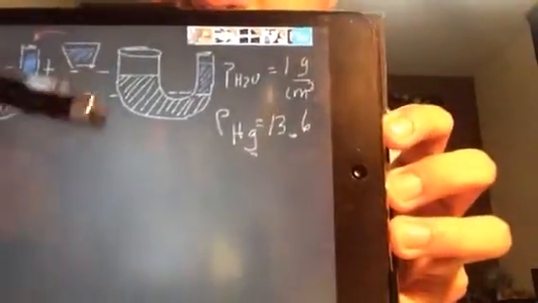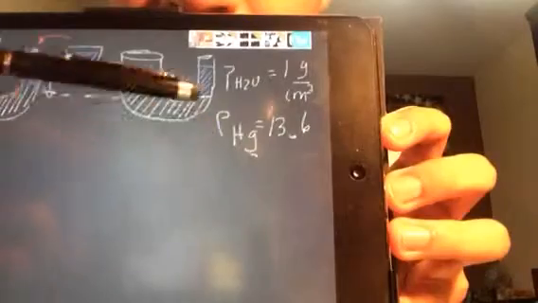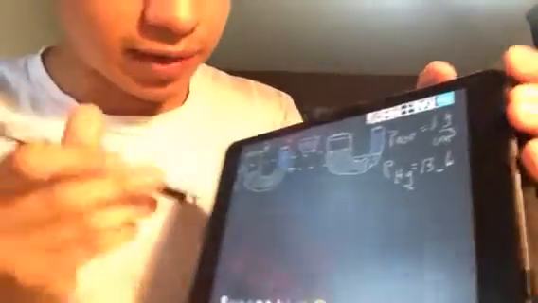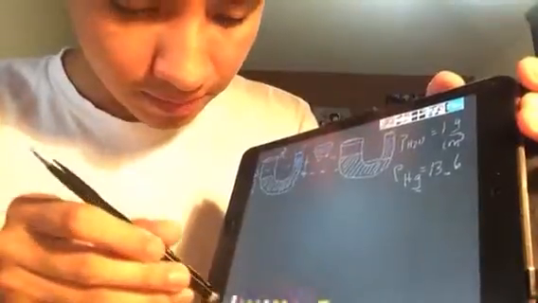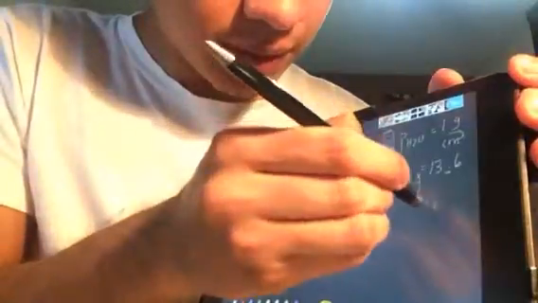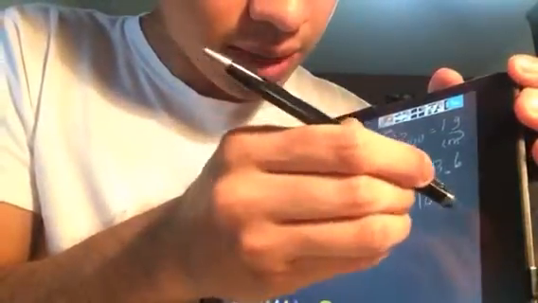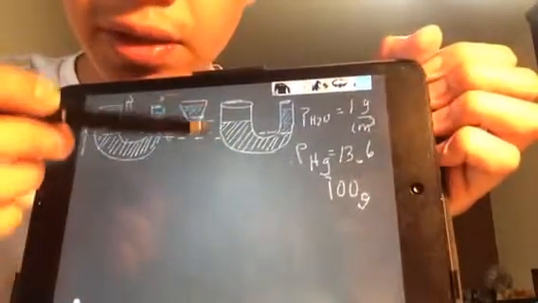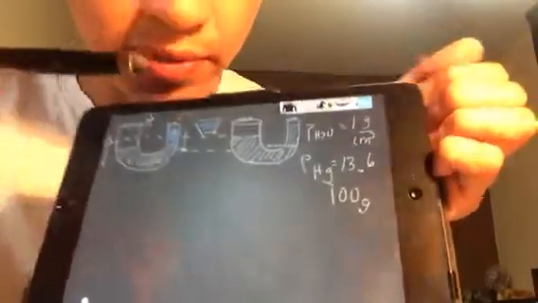They give us the density of the mercury. We have also the density of the water, and we have another thing that is the mass of the water that we are going to add in this part.